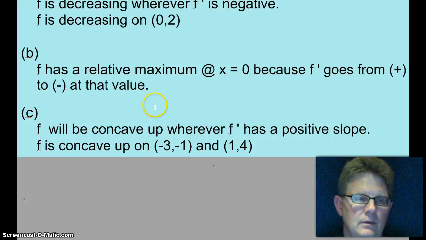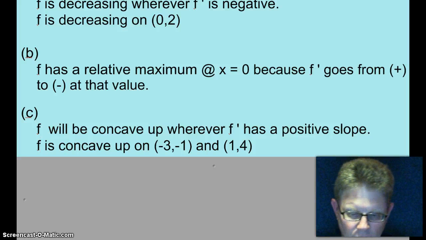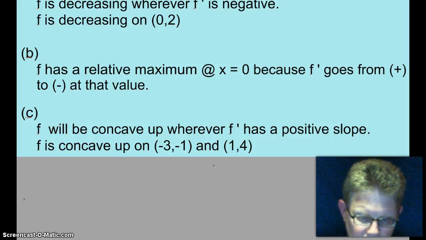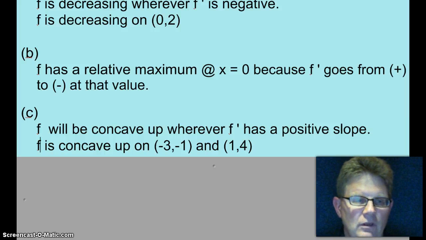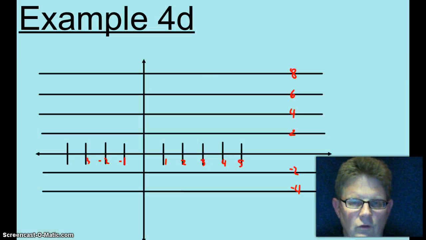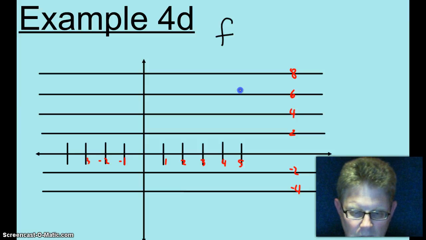Okay. Let's go ahead and then work on D, where we try to graph a possible graph of f. All right, here we go. We're going to try to graph f. And what are we given?